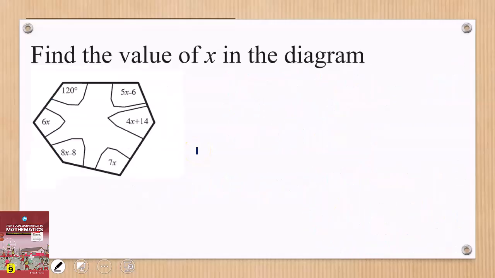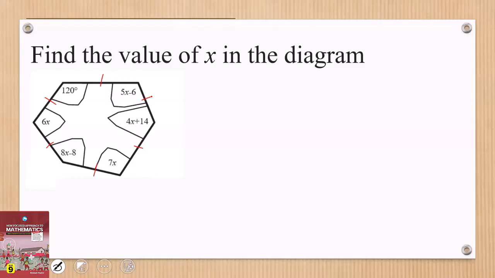Let's try another example. In this question, we have a 1, 2, 3, 4, 5, 6-sided figure. Like we did earlier, when we add all the interior angles of this type of polygon, we always get 720.